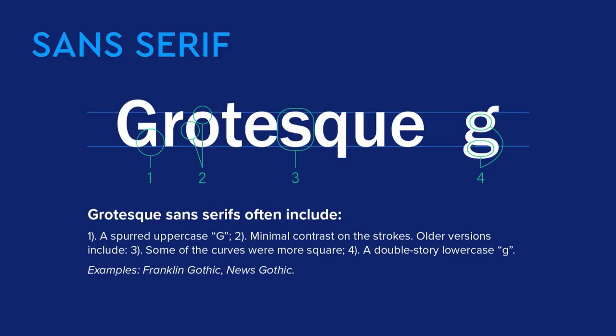Some of these curves, as highlighted in number three, were more square. There is a double-story lowercase g. Examples of grotesque sans serif are Franklin Gothic and News Gothic.